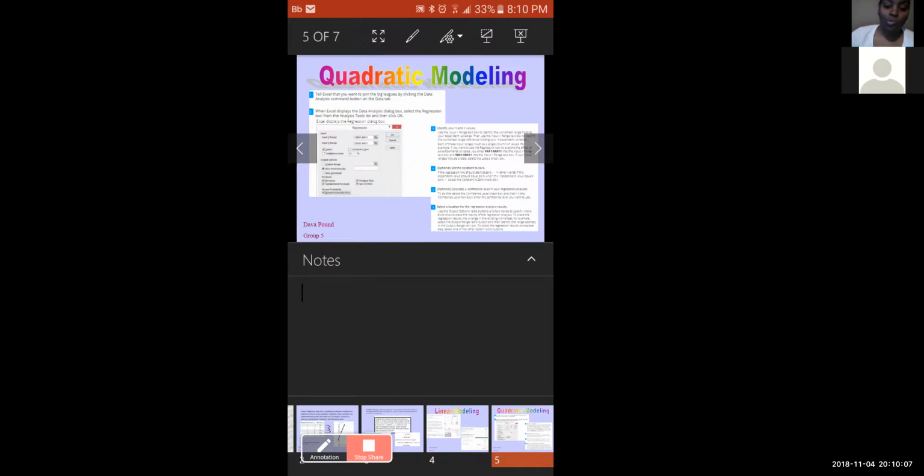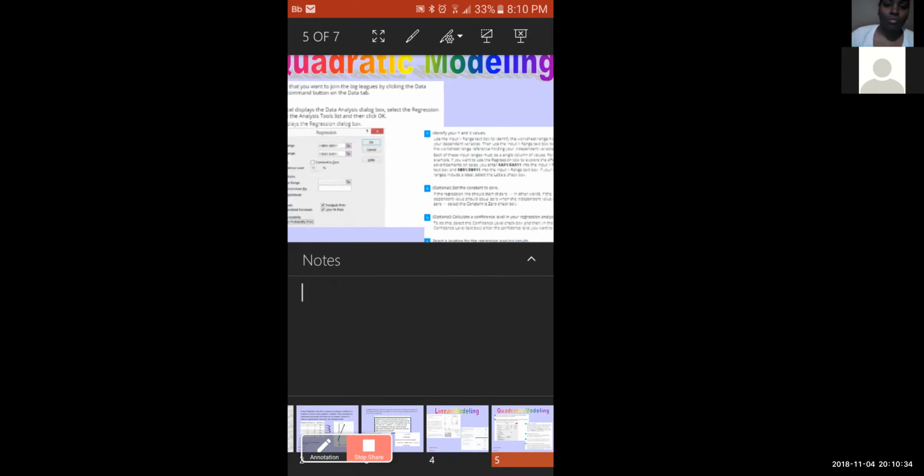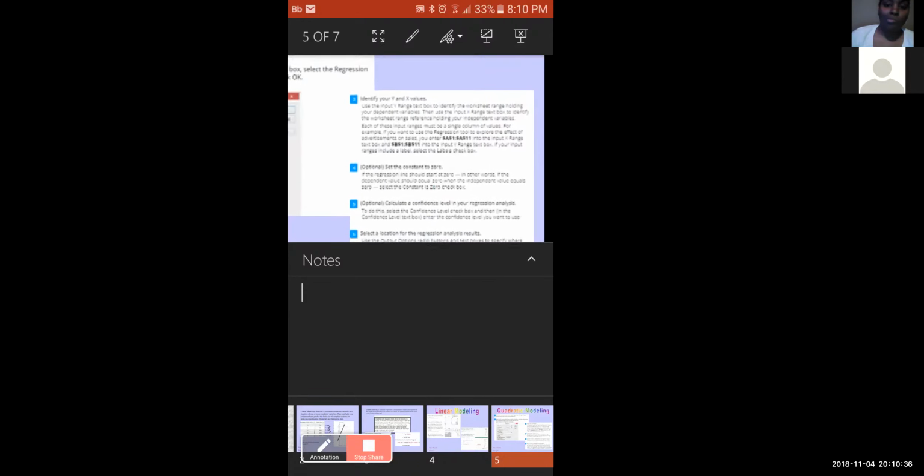Using Excel to do quadratic modeling is a little bit more steps, but you tell Excel that you want to join the big leagues by clicking the Data Analysis command button on the Data tab, and then you select the regression tool from the analysis tools list, and then press OK. The next steps would be to identify your y and x values by putting them side by side in an Excel worksheet.